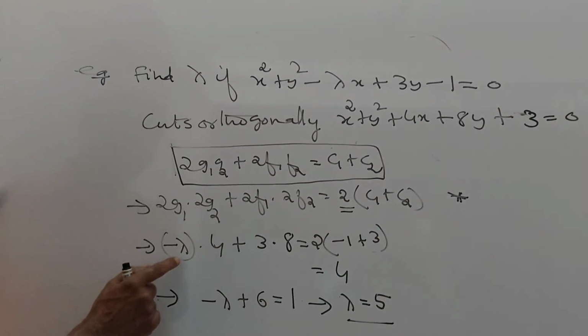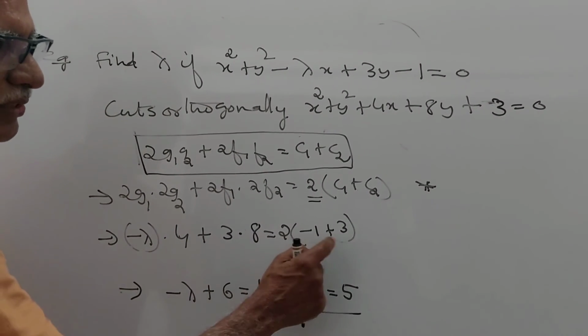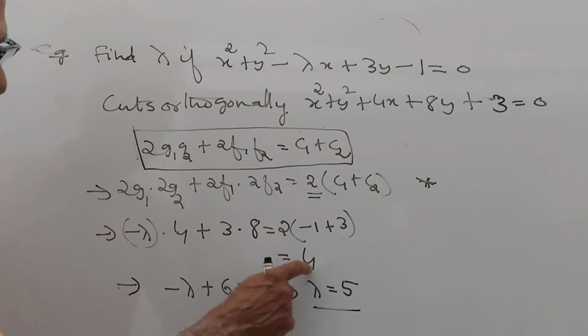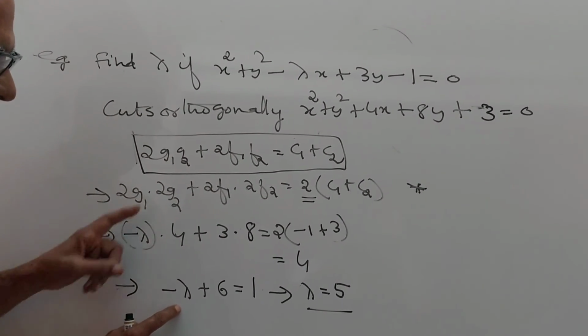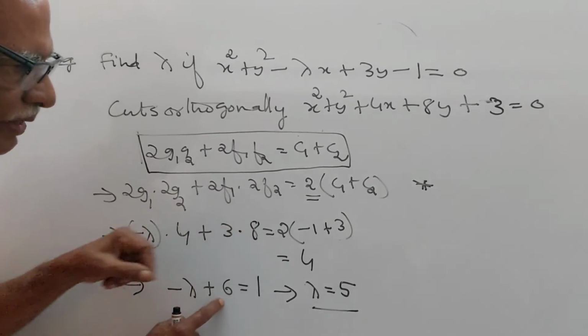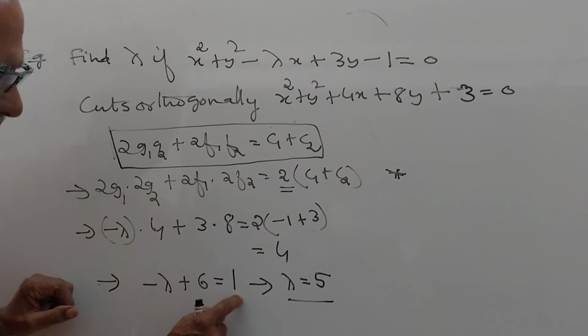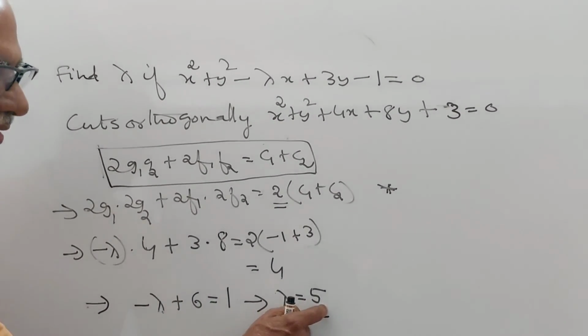So the net effect is minus lambda into 4 plus 3 into 8 equals 2 into minus 1 plus 3, which is 4. You can cancel a 4, therefore minus lambda, 4 cancels, plus 6, 4 cancels, so 6 equals 1. So lambda will go to the other side, 1 comes here, finally lambda is 5.